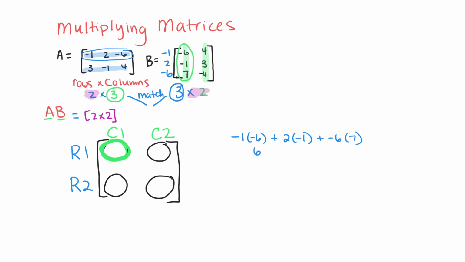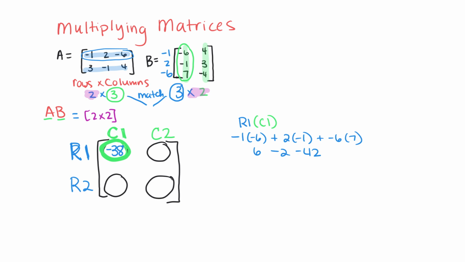So this is 6 minus 2 minus 42. When I add all of that up, it would be -38, and that's going to go right here. Again, to get this answer, I'm taking row 1 and multiplying it by column 1, because I need the answer that goes in row 1, column 1. You just take the row, turn it sideways, multiply it by the numbers right next to it, and then add them up.